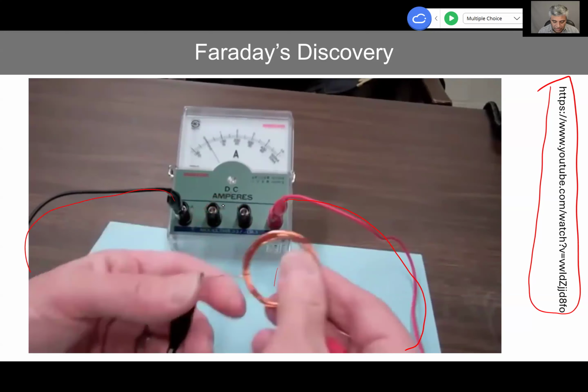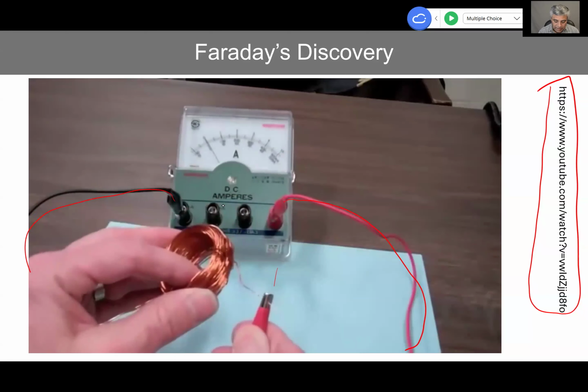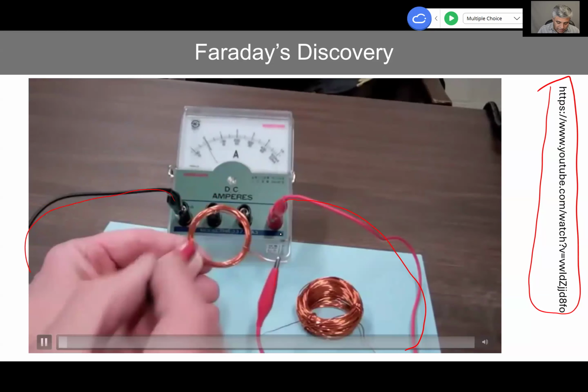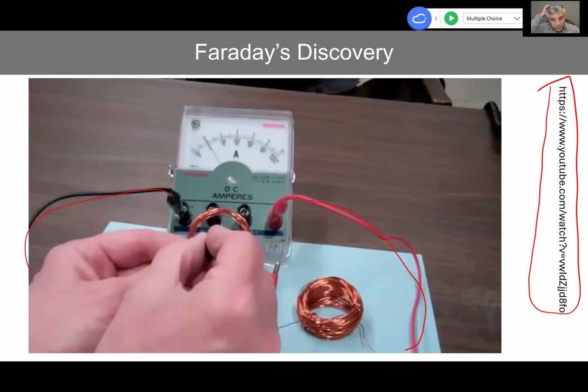And now let me connect the 100 loop coil. And by the way, going back a little bit, a couple of things I'd like to point out when we are watching this YouTube video: sometimes things could be a little bit misleading. There is nothing wrong with the video, but sometimes the explanation could be a little bit off.